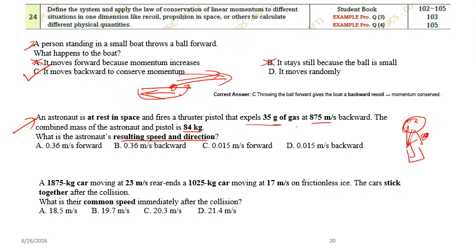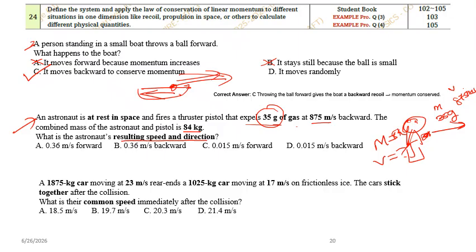He is firing a gun, and the gas expelled outward is 35 gram. The mass is very small, so we consider it a small mass, moving at a velocity of 875 meters per second. So the mass and velocity of the small object are given. Now what we need: the big object's mass is given, 84 kg, and its velocity we need to calculate.